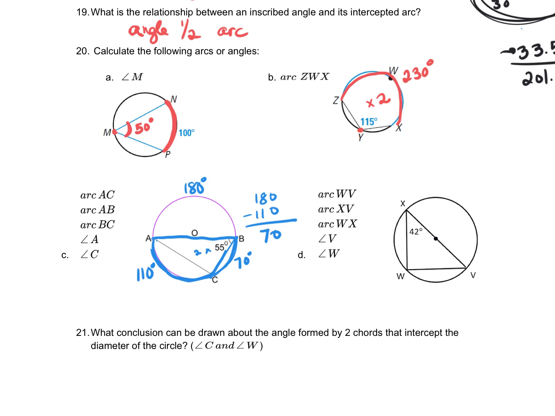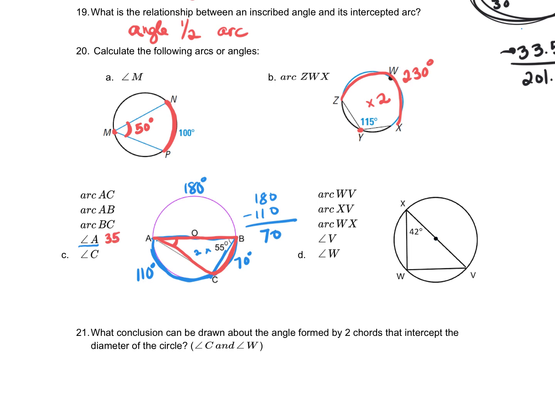Next it asks me for angle A. If you notice, BC, this arc here, intercepts angle A, and A is an inscribed angle, partially formed by a diameter, but the AC is a chord. So angle A is going to be half arc BC. So half of 70 is 35.